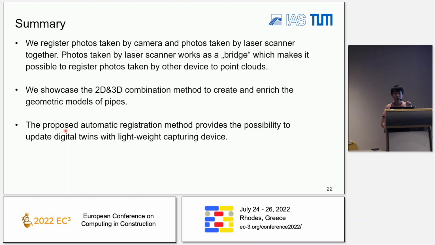For example, if we want to create an accurate model, at the beginning we could use the accurate laser scanner to create a 3D model. But then if there is no significant change in the environment, probably in the updating process, we can just use a very lightweight capturing device like our cameras or even our phones to capture the 3D environment, and then run through the process, then change the information in the 3D model.